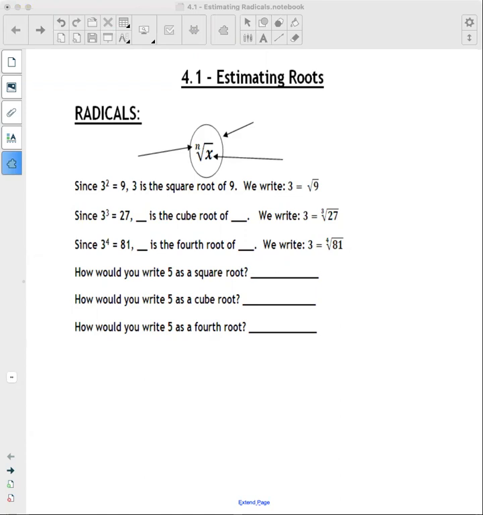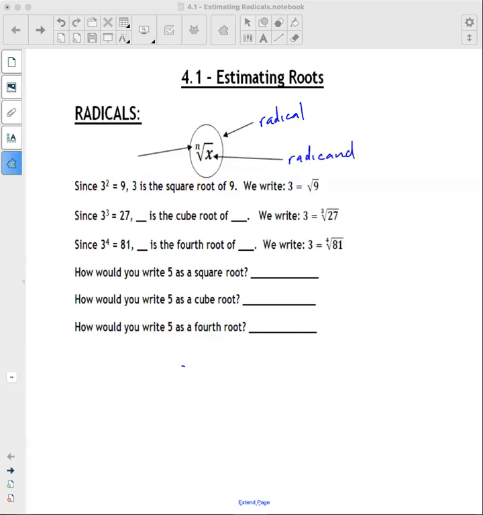Okay, so before we get going, just a review of radicals. So remember, the whole thing up here is called the radical. What is underneath the square root sign is called the radicand.